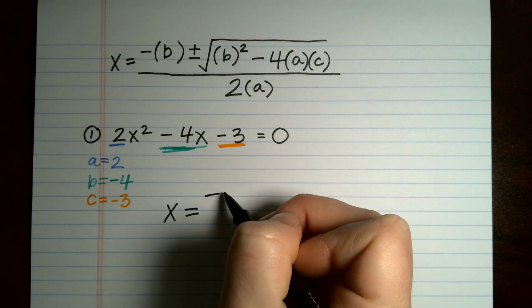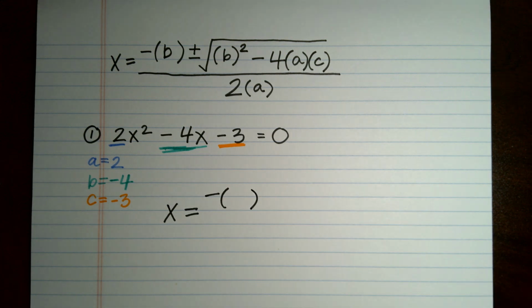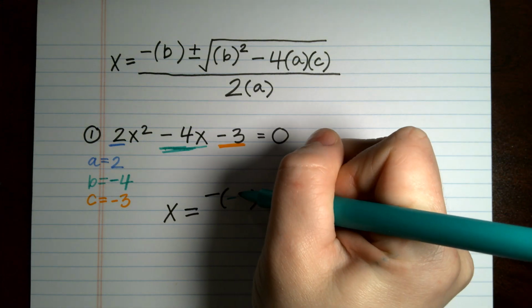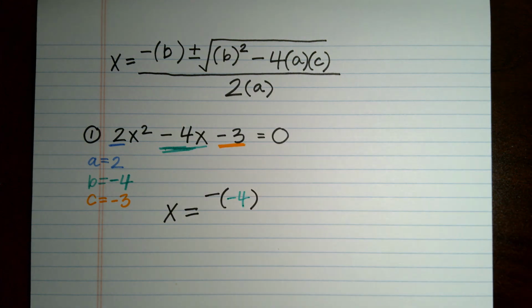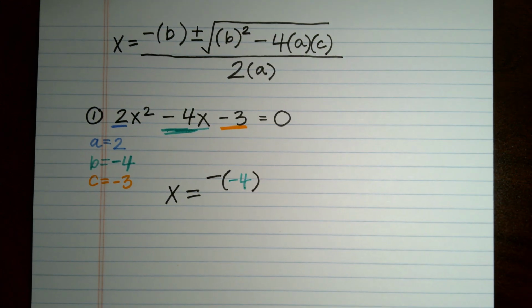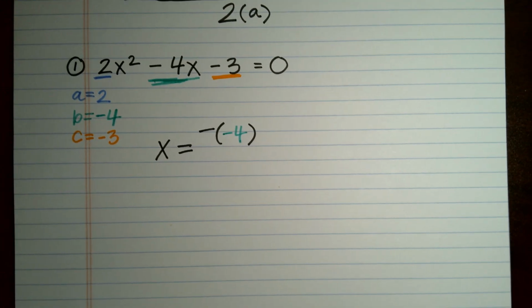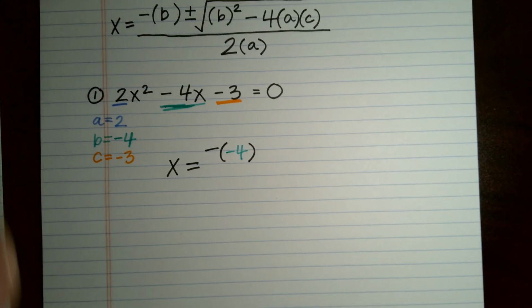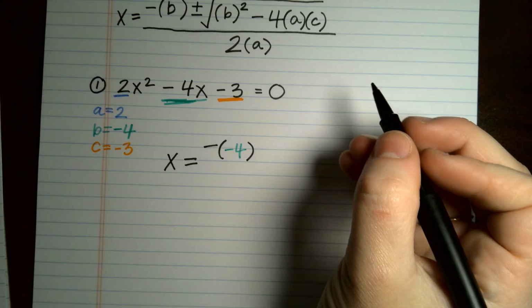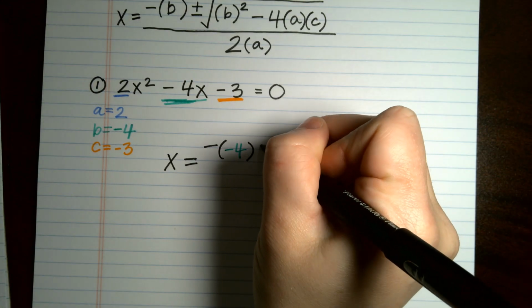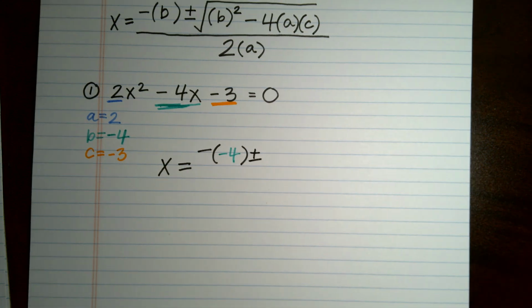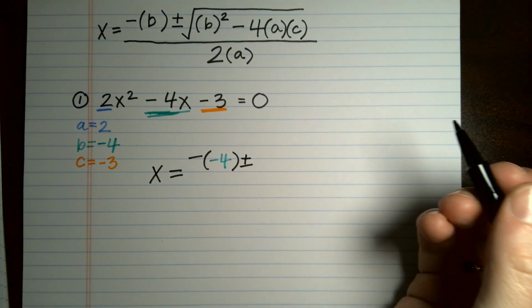Then I need a negative and then a blank parentheses. What goes in that first blank parentheses? Negative 4. Good. Okay. What comes next? Plus or minus. How about next?